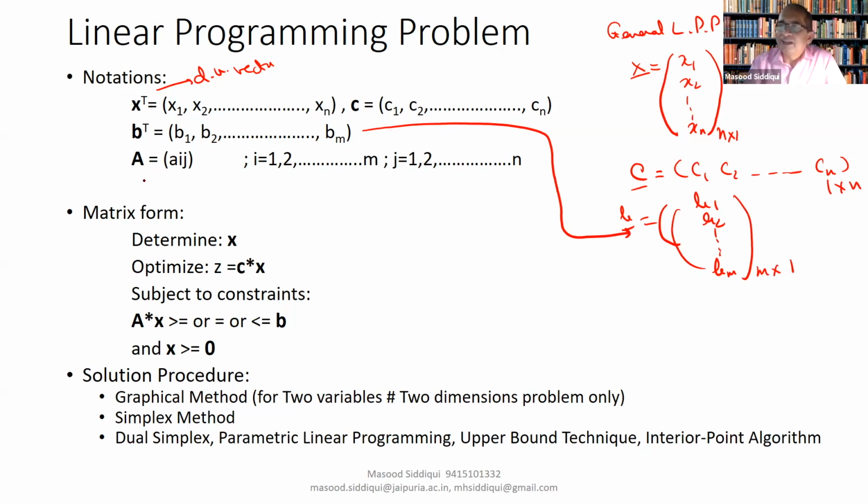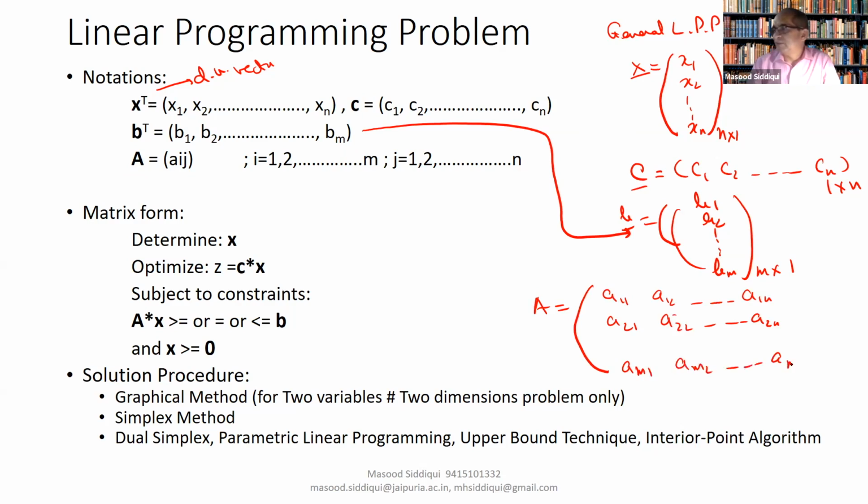And here we have an input-output matrix also. The input-output matrix A is A11 up to A1n, then we have A21, A22 up to A2n, and the last row is Am1, Am2 up to Amn.